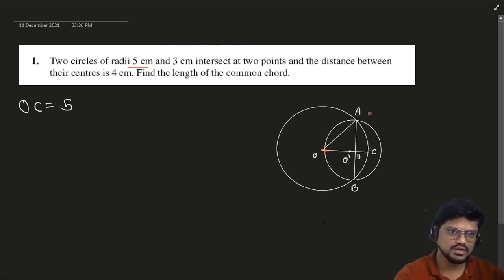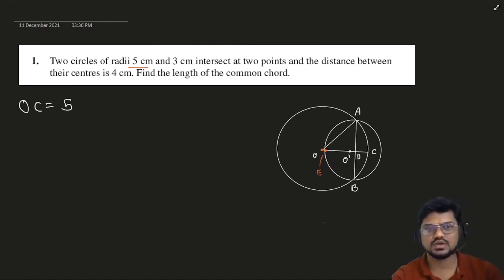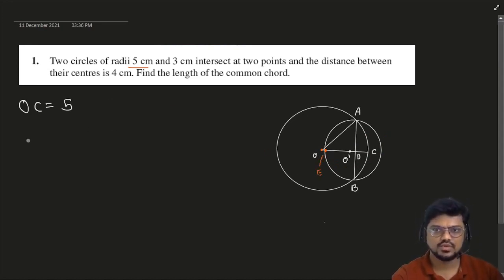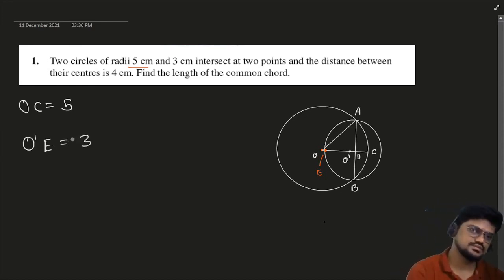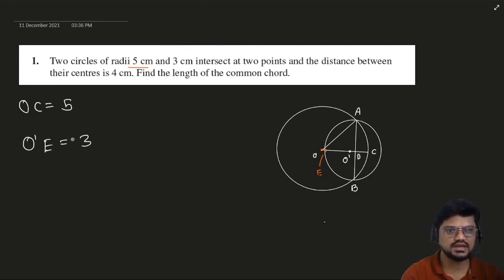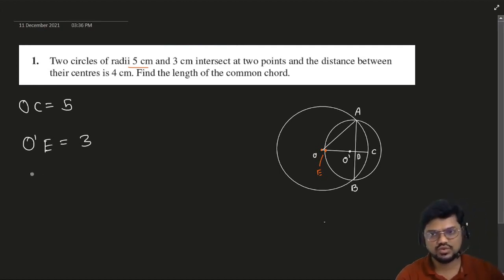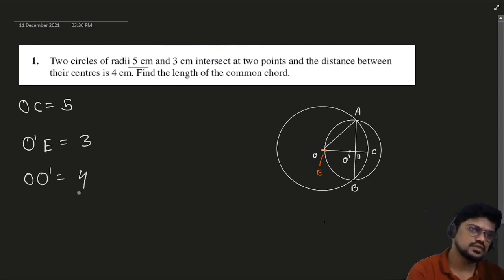Let's say this point is E. What I know is O dash E is 3 centimeters. They intersect at 2 points and the distance between the centers is 4, so OO dash is 4. Are you getting it? OO dash is 4.